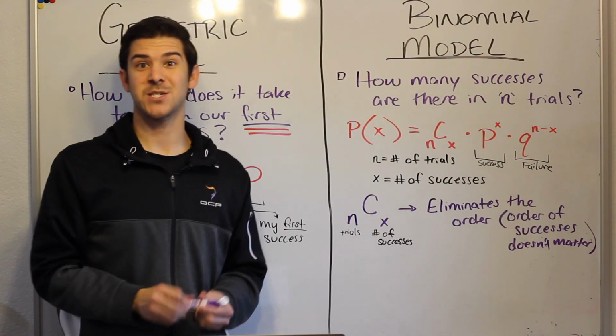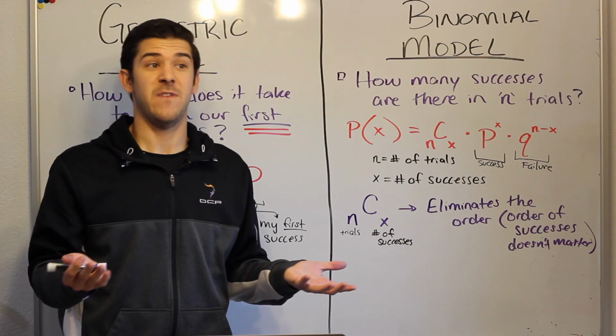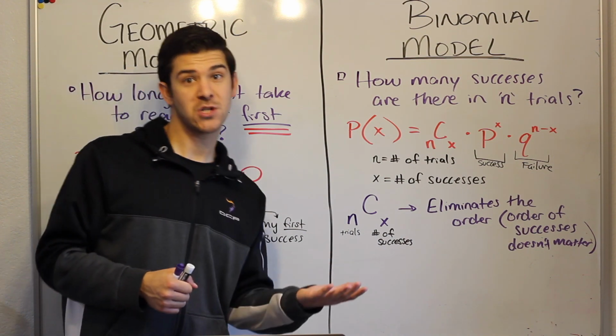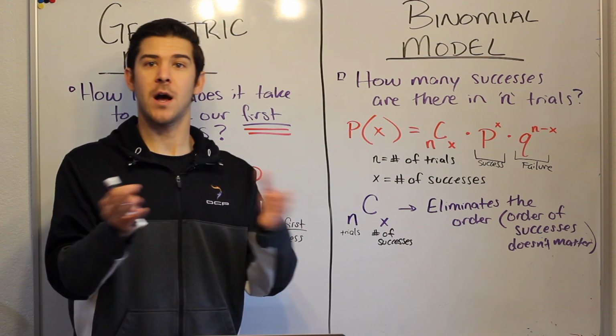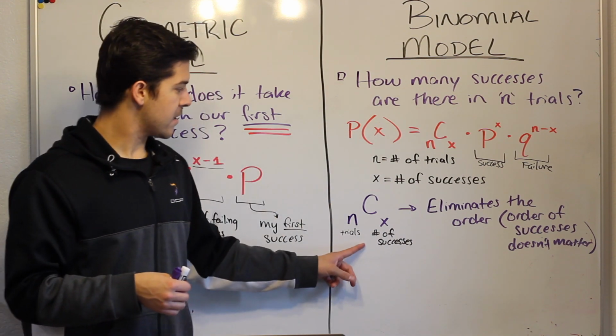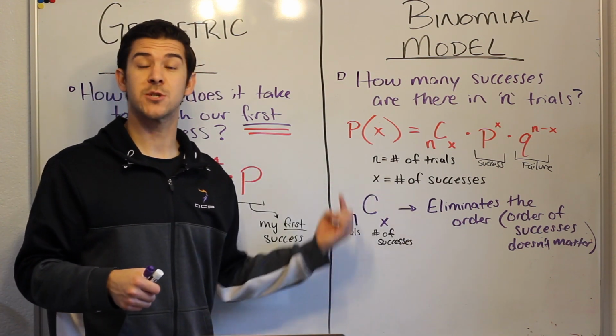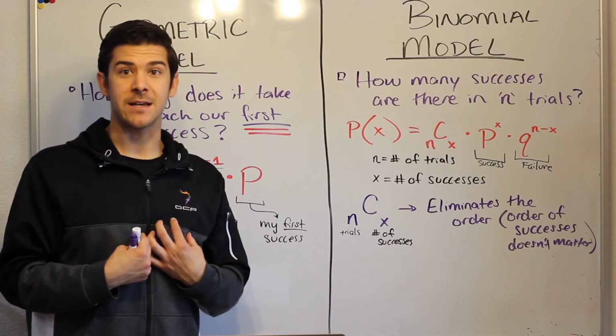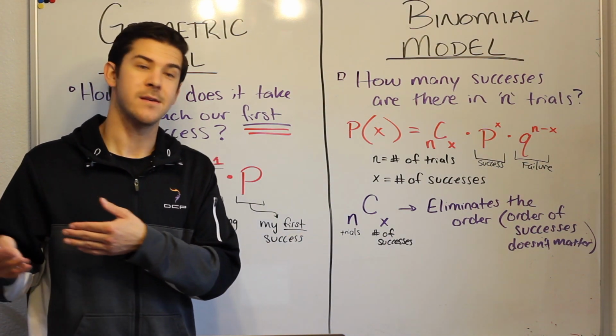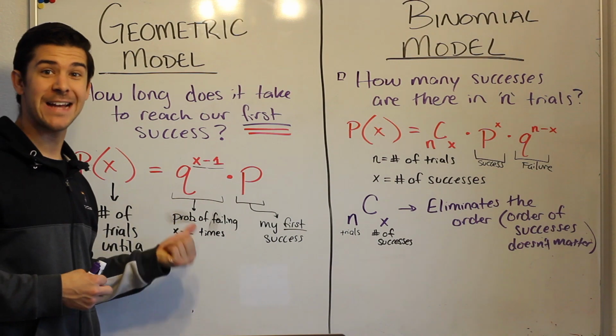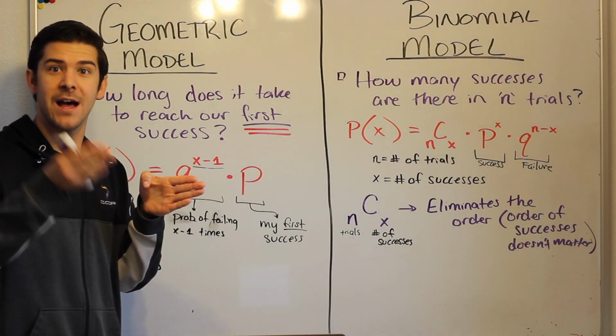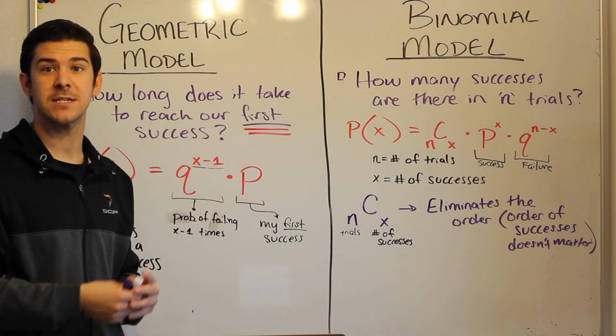Because I could shoot a basketball and I can make any of those 5 shots. I can make the first 3, I can make the last 3, I could do a combination of them. So here, this allows us to explore me succeeding in every possible way. The geometric, on the other hand, I need to fail every time before I can actually succeed.